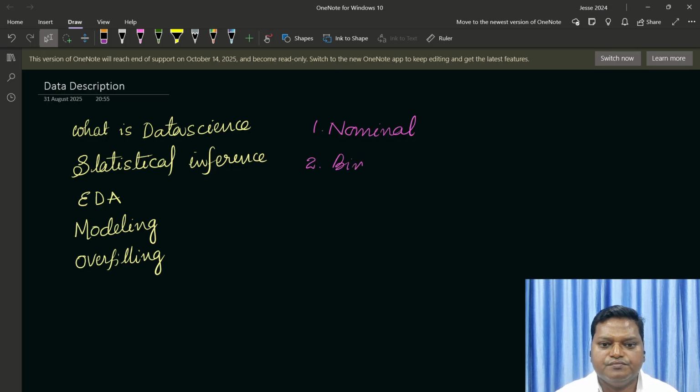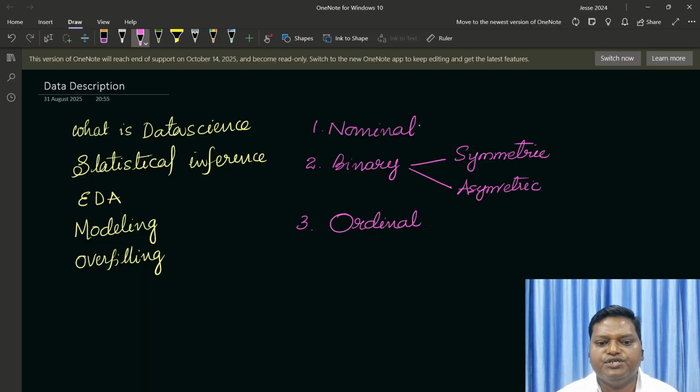Then we have seen binary attributes, which have two values. If both values are equally important, then it is known as a symmetric attribute. If that is not the case, it is known as an asymmetric attribute. Then thirdly, when you have a rank-wise order in the attribute, then it is known as an ordinal attribute. And the fourth one we are discussing is numeric attributes, which have a value.